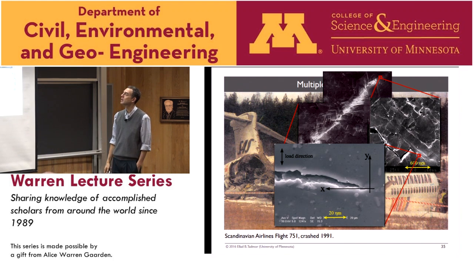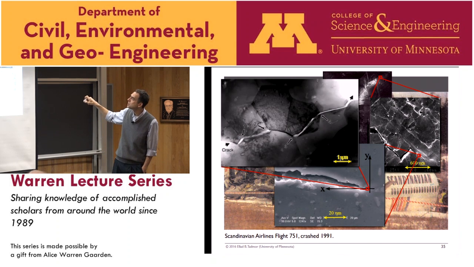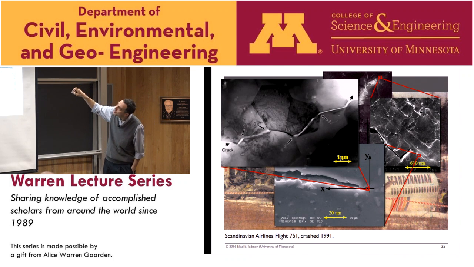You can zoom in a little bit closer than that, and you can now see the tip of this crack, and now we're down to the micron scale. Those are grains in the material, so we're at the grain structure size now. You're beginning to see the interaction of the crack with microstructural features.